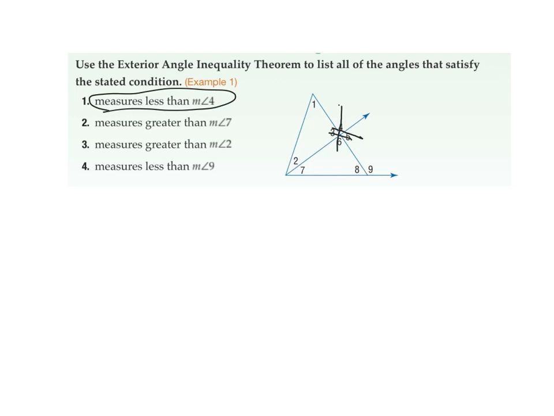But you do know that an exterior angle, which is angle 4, is greater than the 2 remotes. So let's have a look at what we've got now. So we can say the measure of angle 4 must be greater than the measure of angle 1 and the measure of angle 2. Okay, that's the only thing that you can conclude from this diagram.